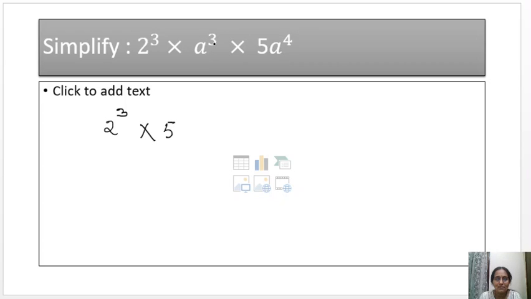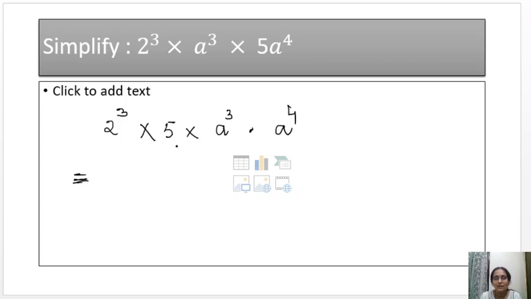For which powers bases are same, we have to identify. For a power 3 and into a power 4, we will represent the multiplication. We can represent with the dot also, because if you write multiplication sign, it confuses with x. So generally we will not write multiplication sign while in exponents, because we are using a variable x also here.